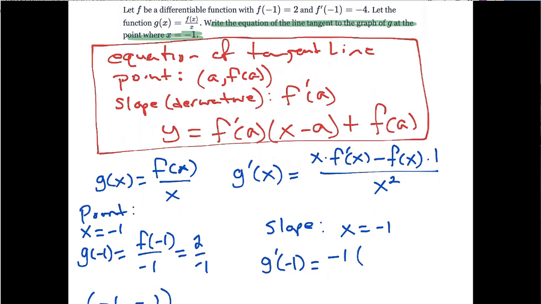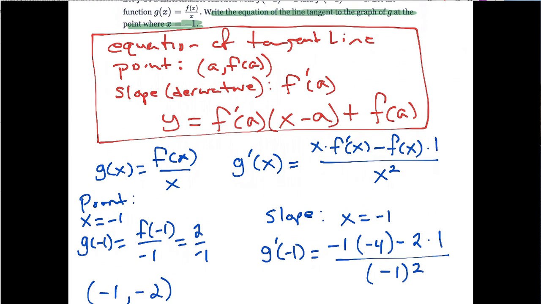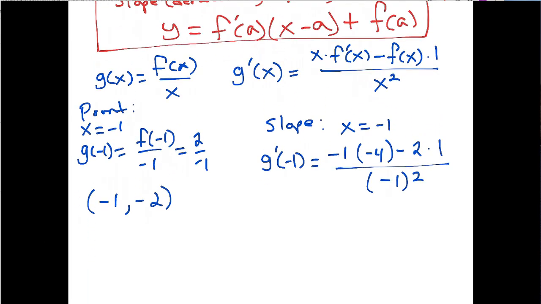Notice it was given in there. -4 minus f of -1, which is 2, times 1 over -1 squared. So if we're going to simplify that just a little bit, we got 4 minus 2 divided by 1, or 2. So we got our slope is equal to 2.